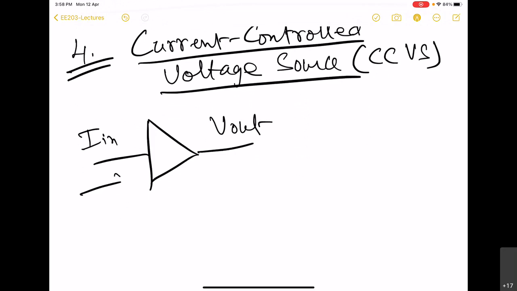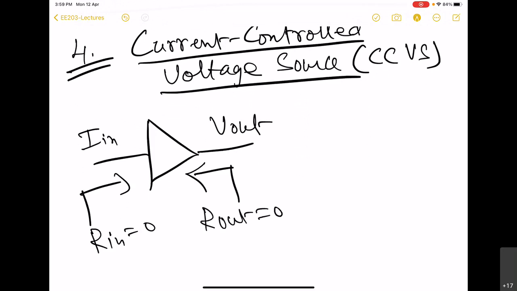So to sense the current in the best possible way, the input impedance has to be 0, and to act as a voltage source, the output impedance has to be also 0. So this name implies these two conditions for the impedances.